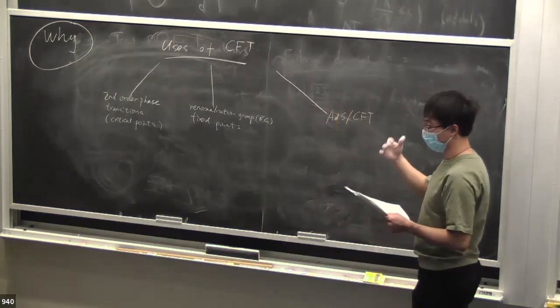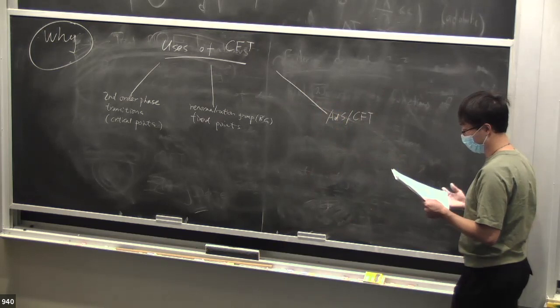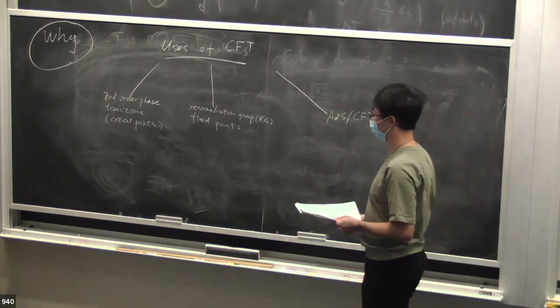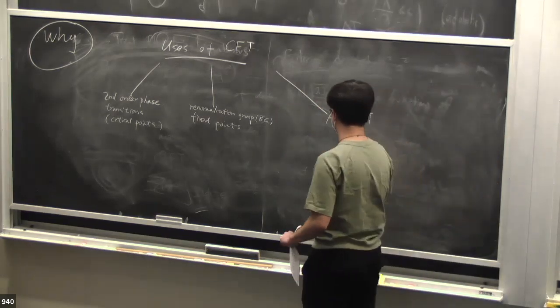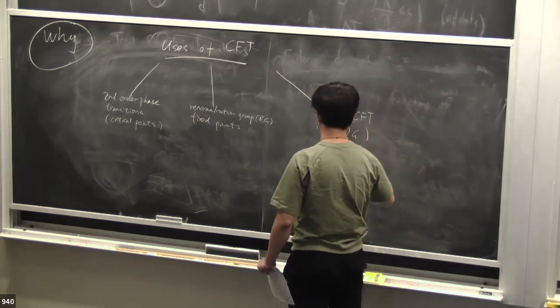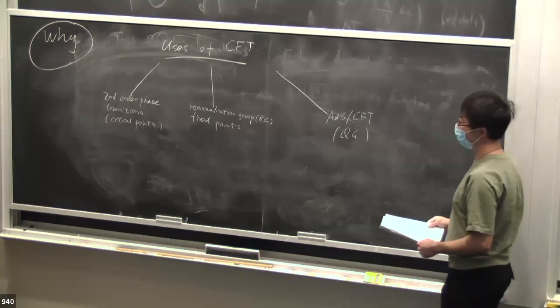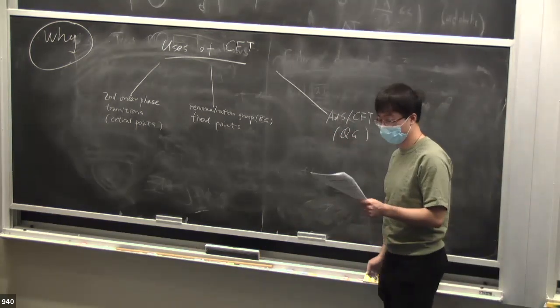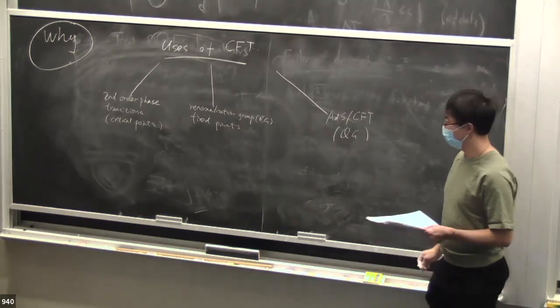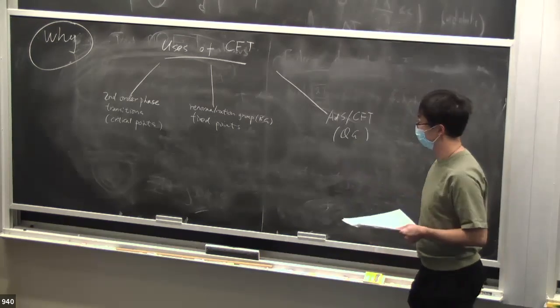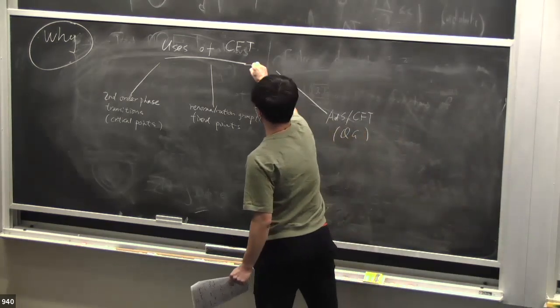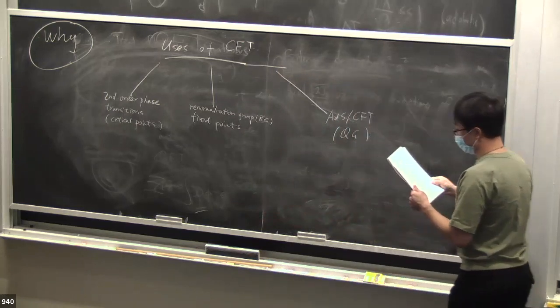For any CFT with those properties, there's a conjecture that there's a holographic dual, which is a quantum gravity theory in one higher dimension. This has provided a way to gain at least some qualitative understanding of various questions in quantum gravity, such as the black hole information problem and evaporation of black holes and so on.